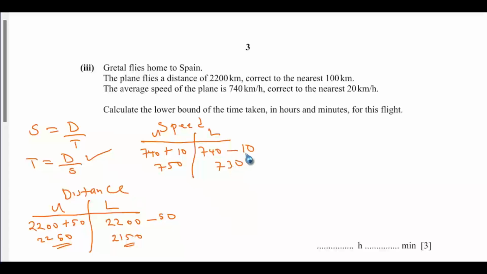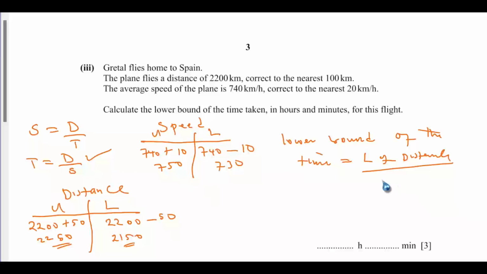Okay, so to calculate the lower bound now, the lower bound of the time taken will be equals to lower bound of the distance, like this, then divided by the upper bound of the speed.